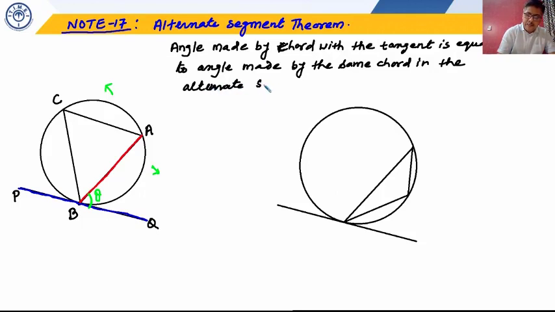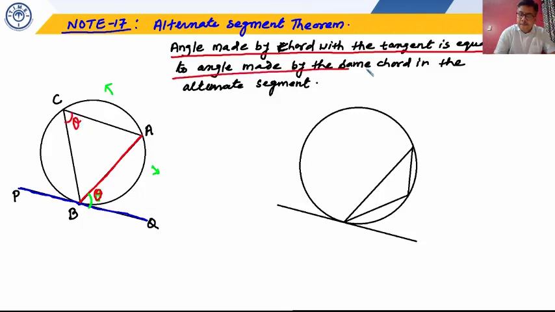Alternate segment. So the angle made by the chord with the tangent is theta, which is equal to the angle made by the same chord in the alternate segment at point C, which would also be theta. So these two angles are of equal magnitude.